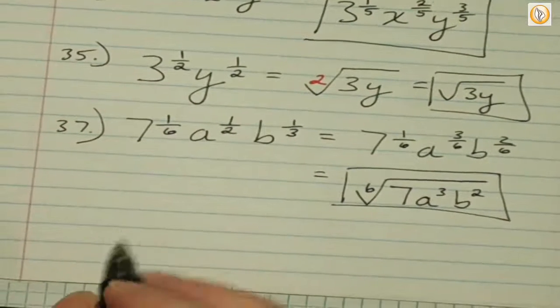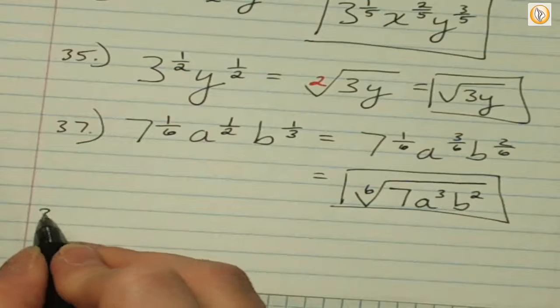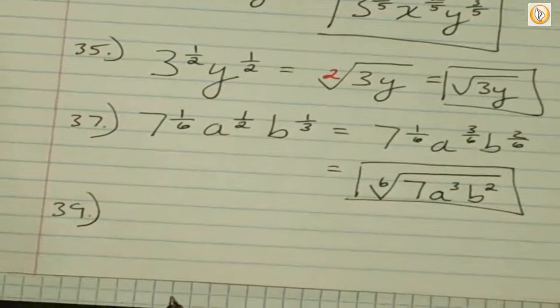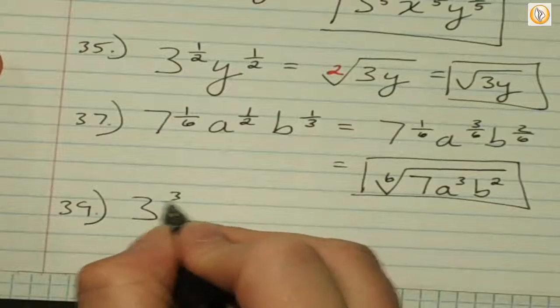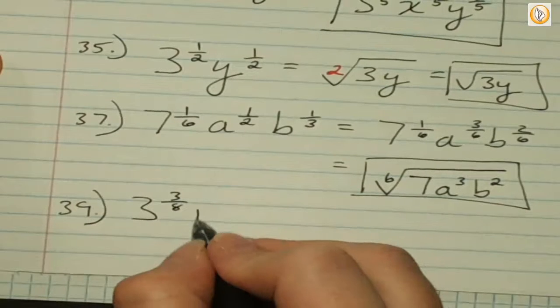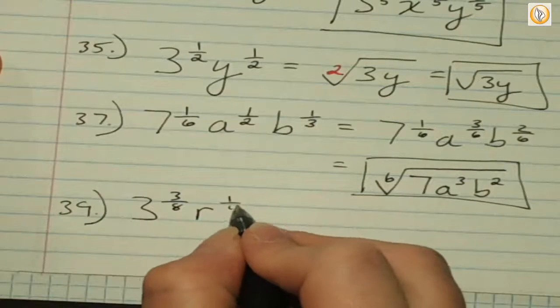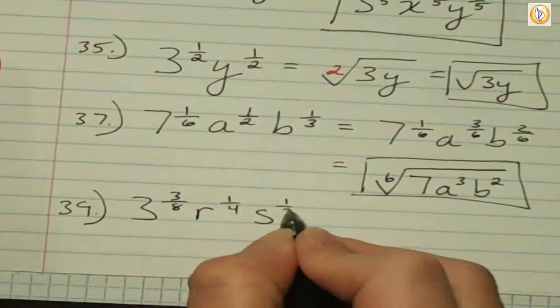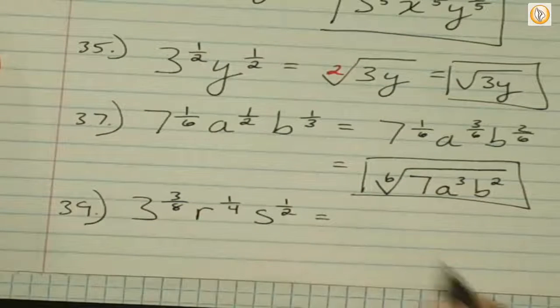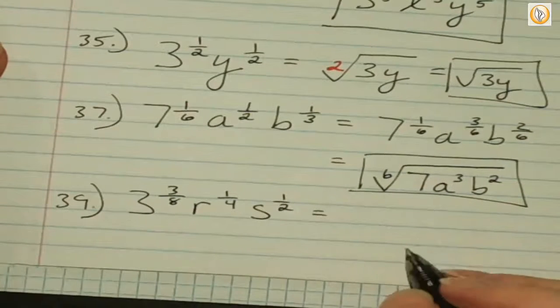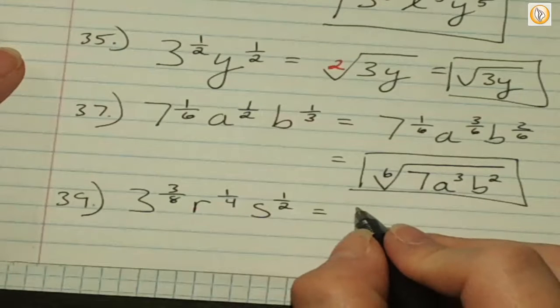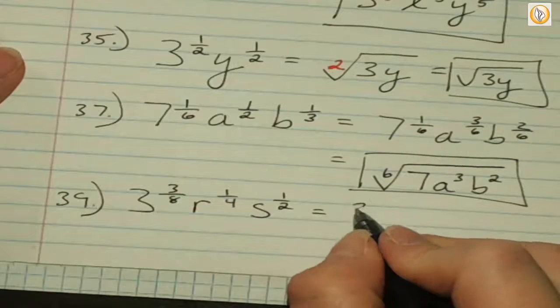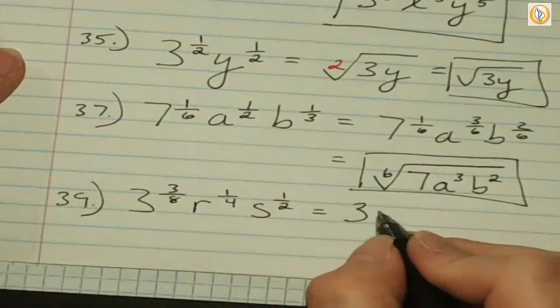Last one. Taylor. 39. 3 and 3/8. R 1/4. S and 1/2. So what's the first thing I gotta do? First you gotta make them all least common denominators.